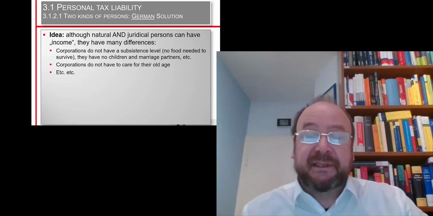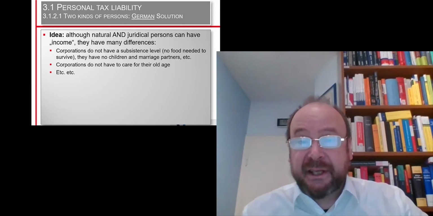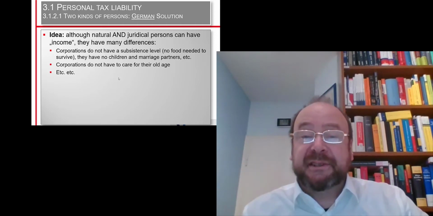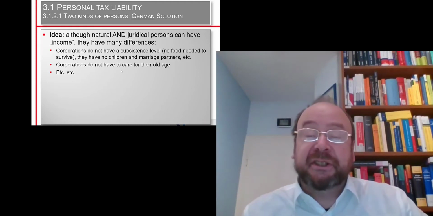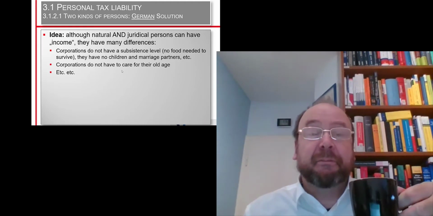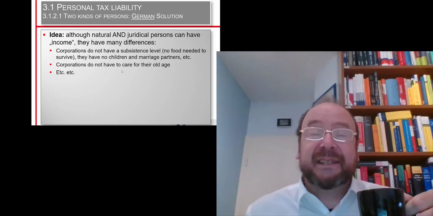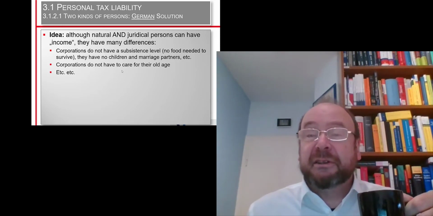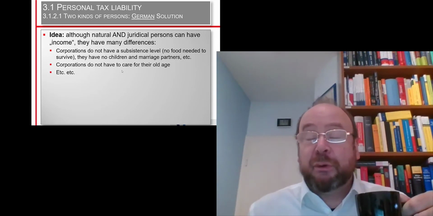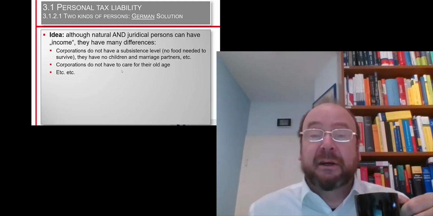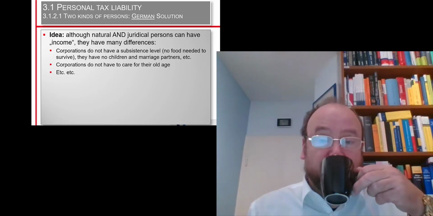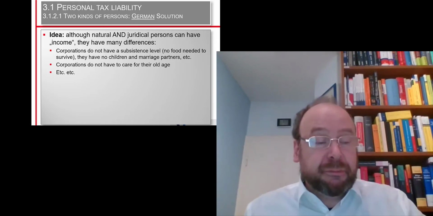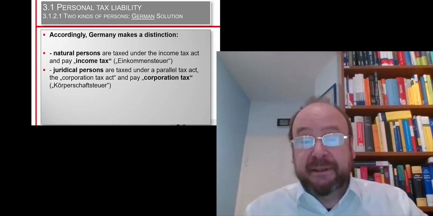Natural persons are subjected to the Income Tax Act, and juridical persons are subjected to a special tax act, the Corporation Tax Act, which is usually similar, but which is different in all the aspects which cannot apply to a corporation, or which regulate those phenomena which can only appear in the case of a corporation. Other states usually have a similar distinction.